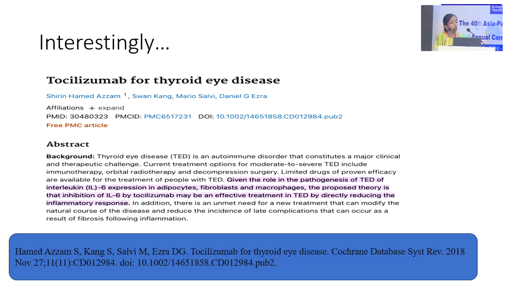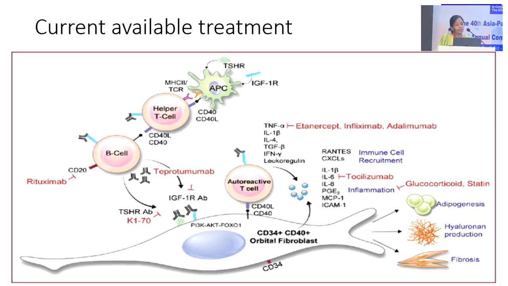On retrospective analysis, we also found other interesting literature reporting that interleukin 6 antagonists, like tocilizumab, have been used for the treatment of thyroid eye disease. There are many specific target antagonists for all these interleukins which have been tried successfully for thyroid eye disease.